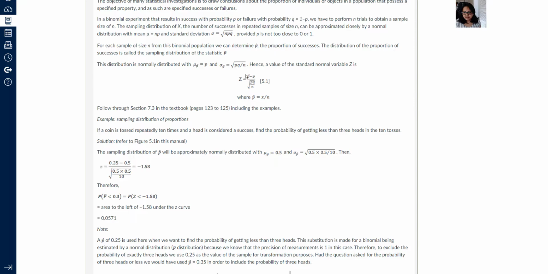So you can see that I took the proportion from the sample. Let's say I gave you a sample. You will see in the assignment I gave you some samples, and then you find the proportion from there. You also need the proportion from the population. If you are given the population information, then you can use that.